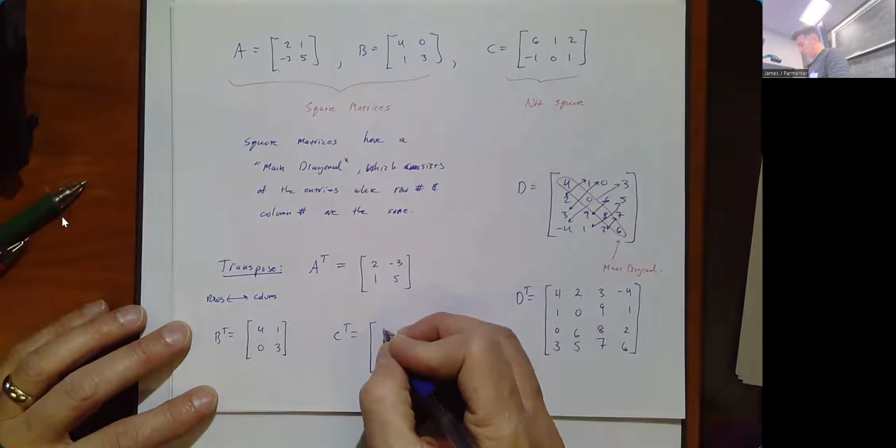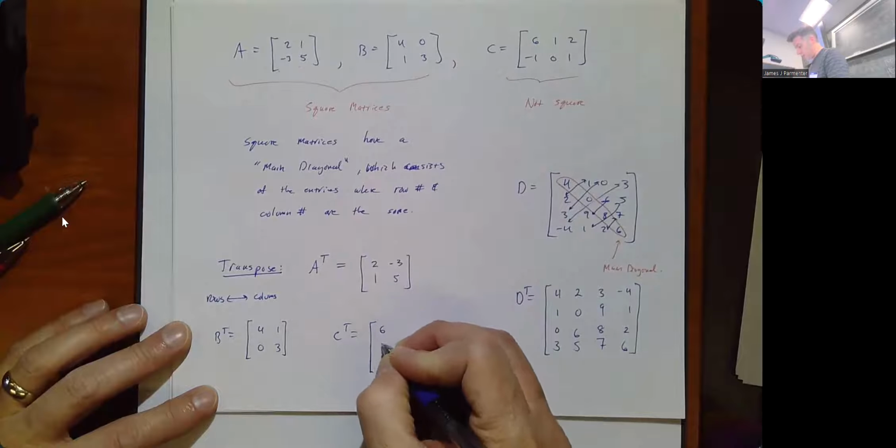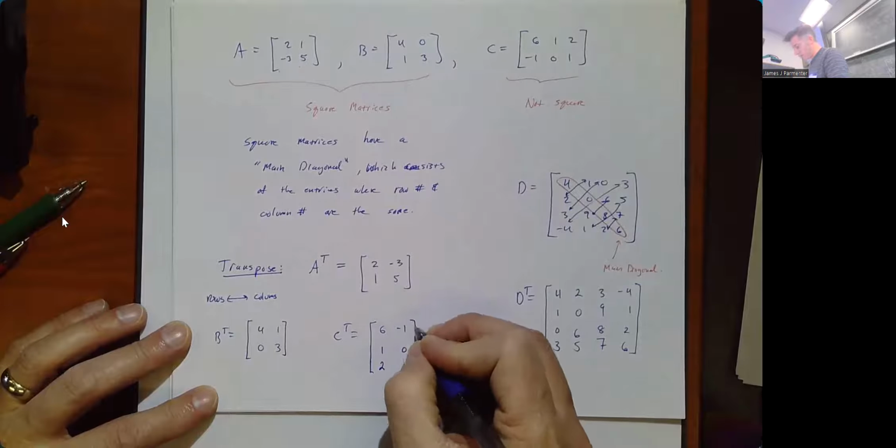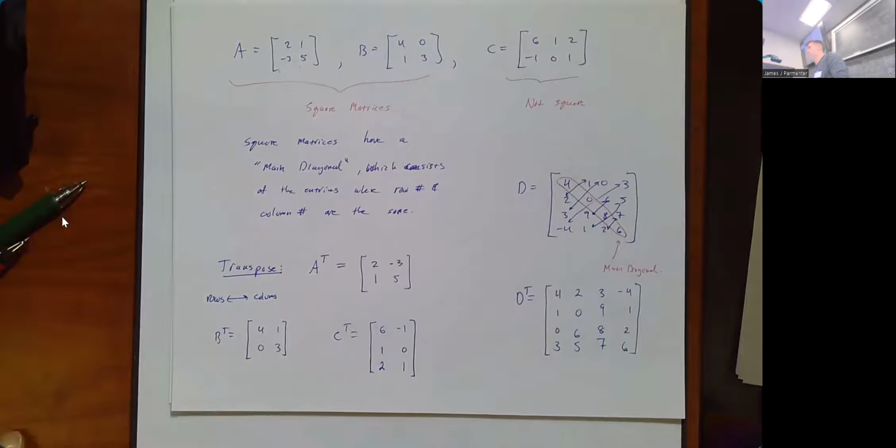So C transpose is going to be the column 6, 1, 2, and the second column is going to be -1, 0, 1. So the transpose of a matrix is really not a hard thing to do. Just take what you've got and make the rows into columns and the columns into rows.